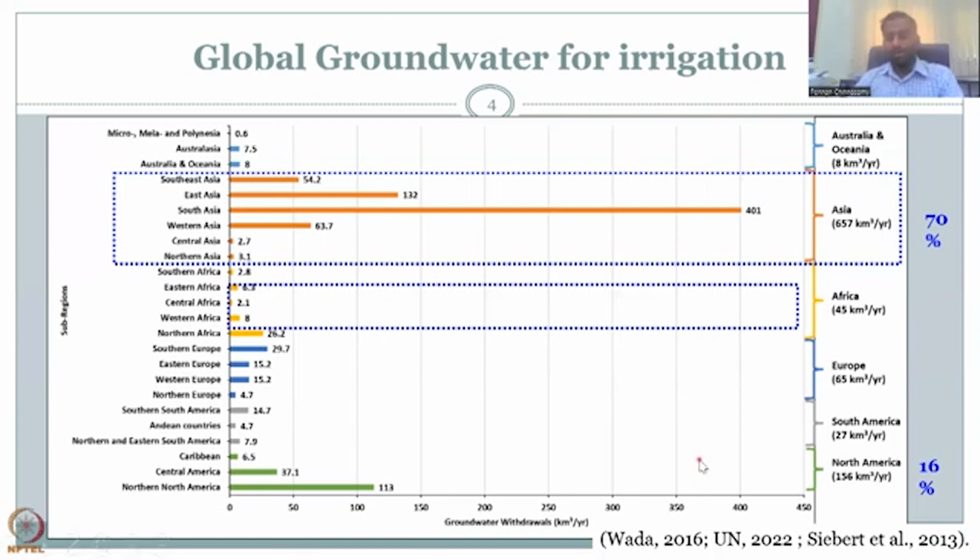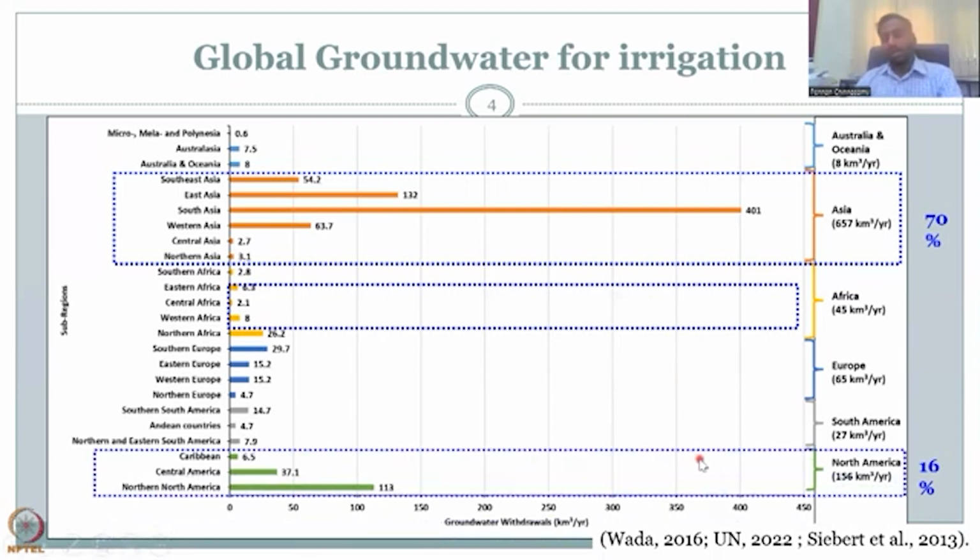And comparatively, the developed nations have some demand, but it's still one-sixth of what we use in Asia. So Asia has become the food bowl for the entire globe. In particular, India consumes a lot of water, not only for its own population, which is ranked number 2 in the world, but also for regions across the world.